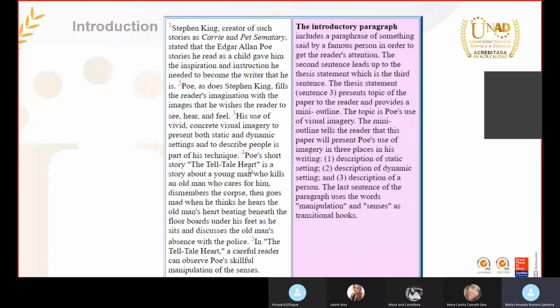Now in sentence 4, he uses an example. He says that he's going to use an example or some examples from the story that he wrote, The Telltale Heart, to explain his point, to show the readers how he used this technique. And in the last sentence, he uses the words manipulation and senses to create the hook that we talk about.